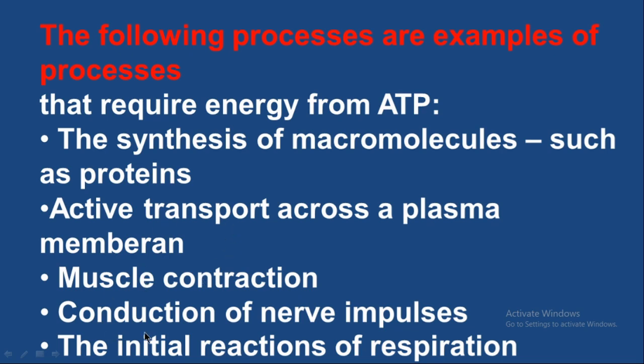The third function of energy produced from ATP is for conduction of nerve impulses. If you remember from year 10, nerve impulse transmission requires an exchange of positive and negative charge. The outside of the membrane is naturally positively charged. The inside of the membrane of the nerve is negatively charged.